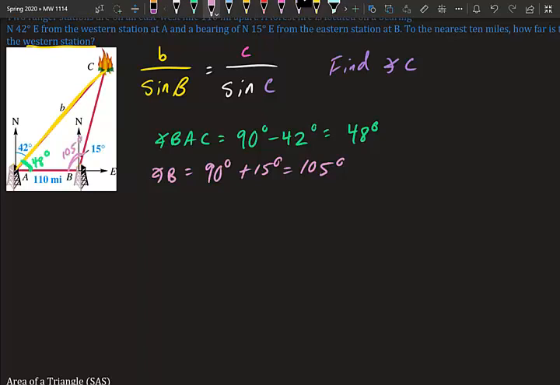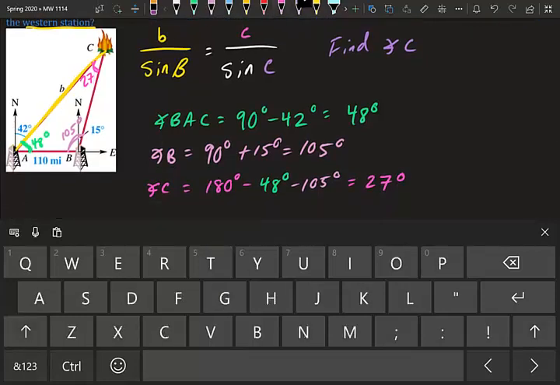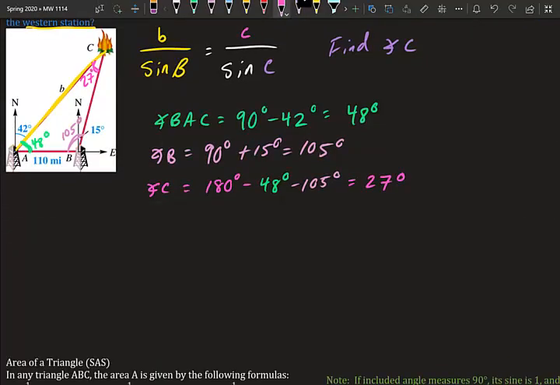Now we can find angle C. We can find angle C because it's 180 minus what's inside the triangle. So angle C, my bad, pink. Angle C equals 180 minus 48 minus 105. And we get angle C is 27 degrees. Cool.